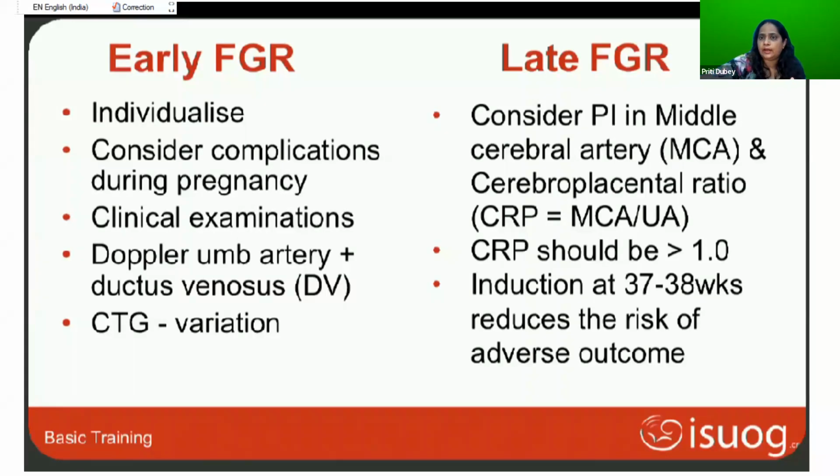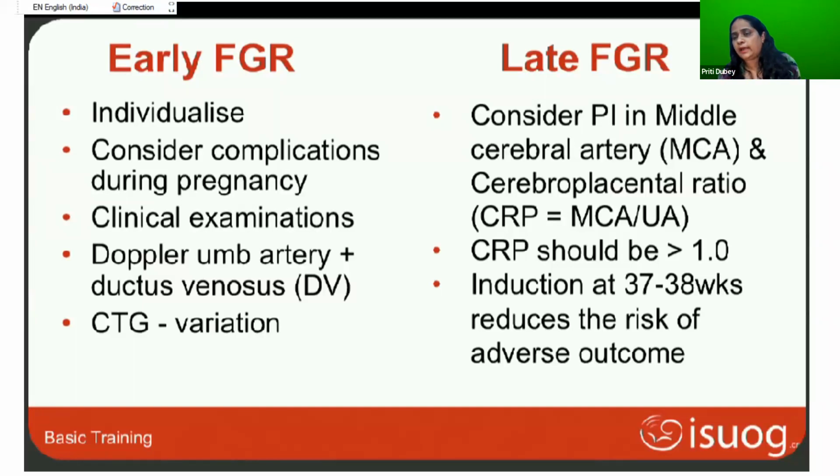In late FGR, what is utmost important is the cerebroplacental ratio, because as I have already told you, these fetuses are AGA fetuses. So CPR is the only thing which comes to mind to monitor and catch these late FGR fetuses.